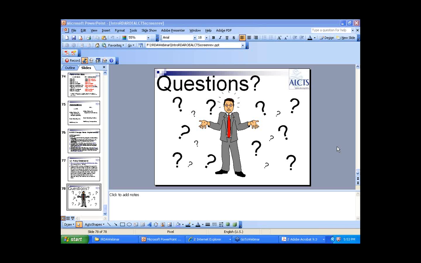The RDA Toolkit currently is only available in electronic form. Now, it is planned for later this fall to be available in a limited print edition. So there will be a print edition at some point, and that is dependent on ALA Publishing.